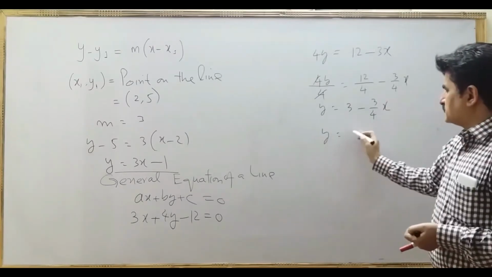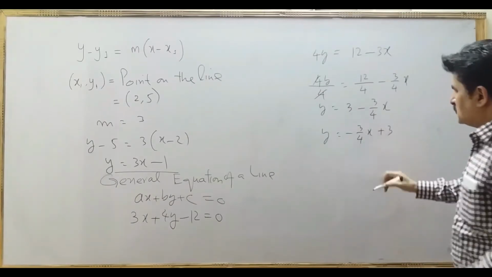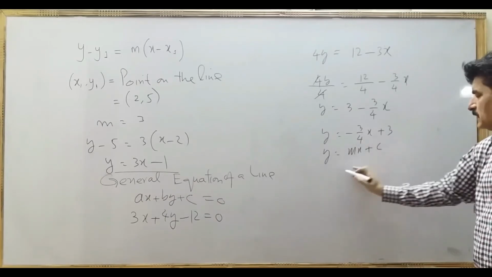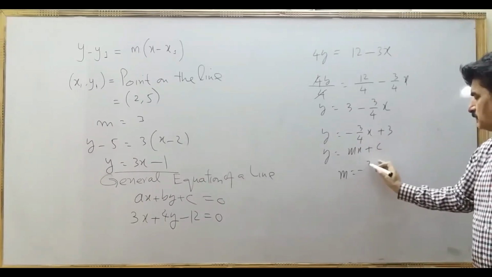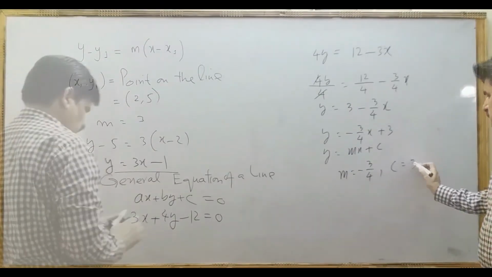You can also write like this. So if you compare this equation with the equation mx plus c, then you see that m is minus 3 by 4 and c is 3.